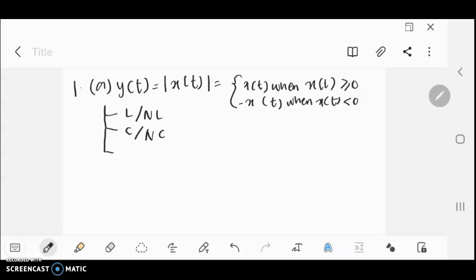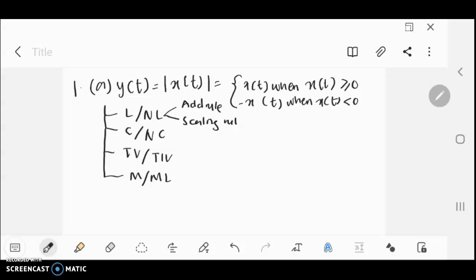Third, time variant or time invariant. And lastly, memory or memoryless. For linear and non-linear, we have to prove two things, which are the additive rule and the scaling rule.